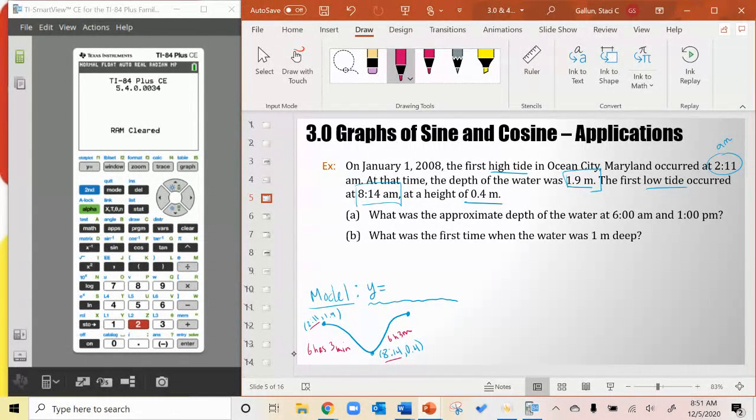That's going to be the approximation of this. So that's going to be at 14:17, and we're going to get to 1.9. 14:17, what is that? 2:17 p.m. is what's really happening then.